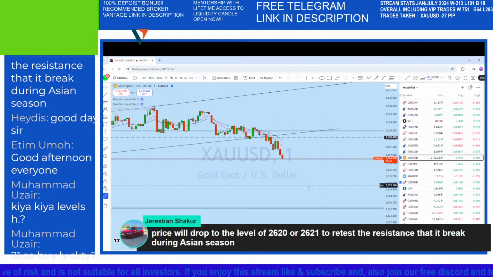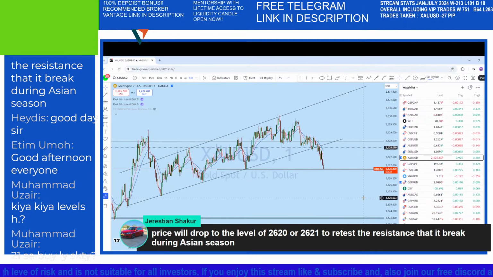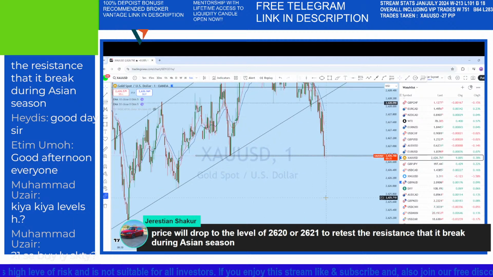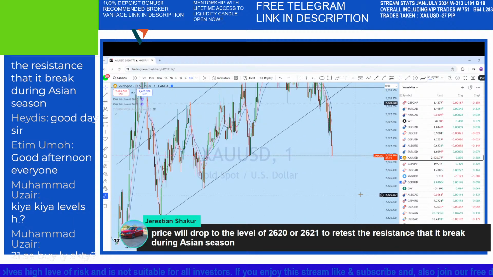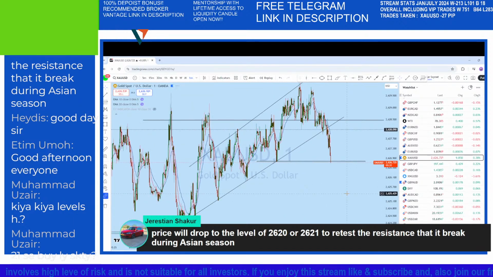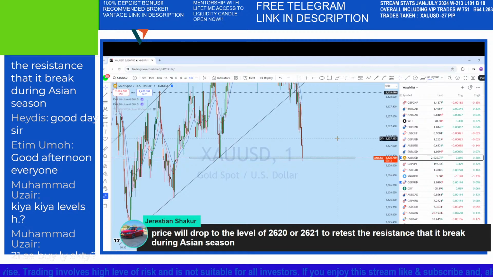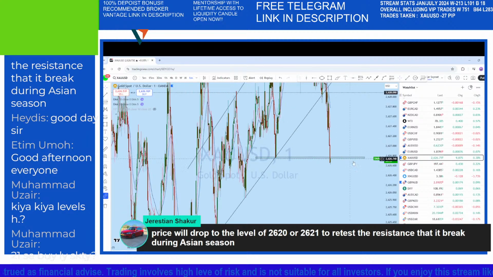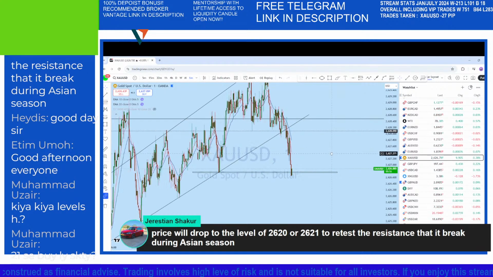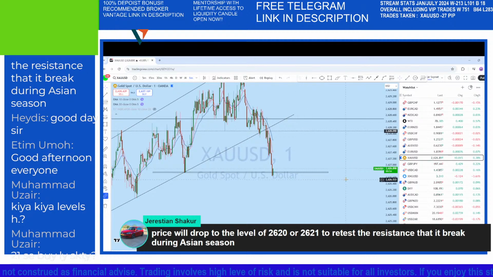One minute chart. This is an important support level. Okay, so it has broken this support level here.